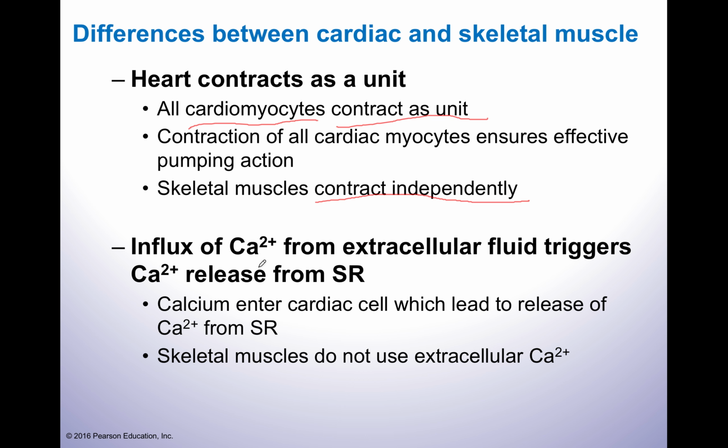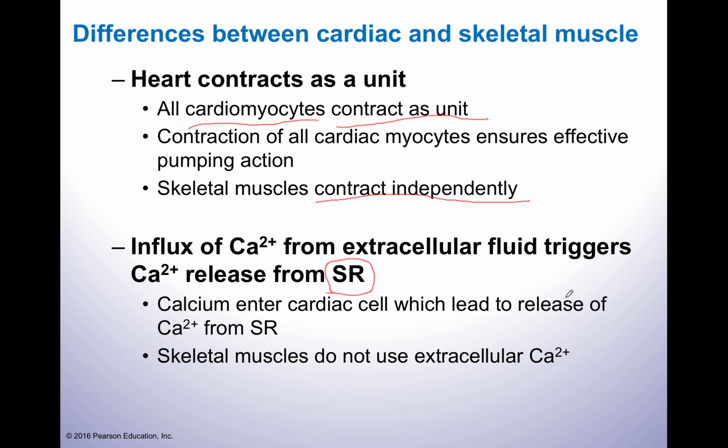The next one that we describe is the influx of calcium from the extracellular fluid that triggers the calcium release within the sarcoplasmic reticulum. So we already talked about the sarcoplasmic reticulum, basically a space where calcium is stored. Now, inside the cardiac muscle cell, calcium enters the cardiac cells.